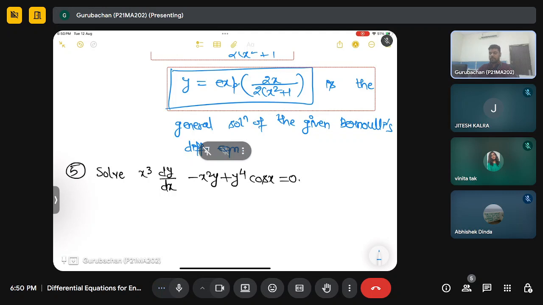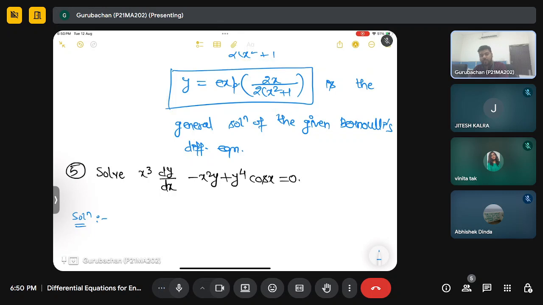So let us start discussing this one. As I told you, the general form of this differential equation is dy by dx times y is equal to x.